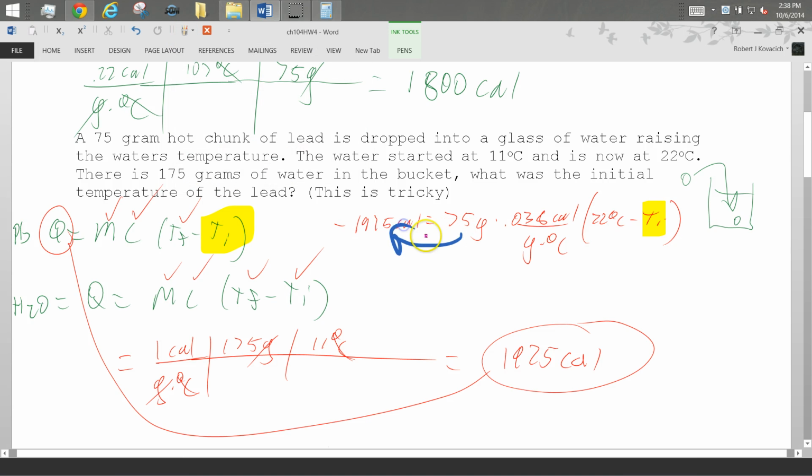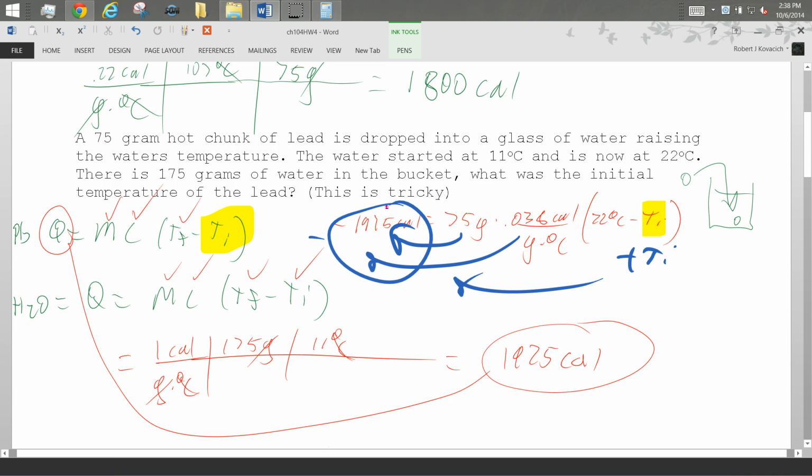So I'll move the 75 over by dividing, I'll move the 0.038 over by dividing, and then I can add a temperature initial to both sides, and I can subtract off whatever this thing is.